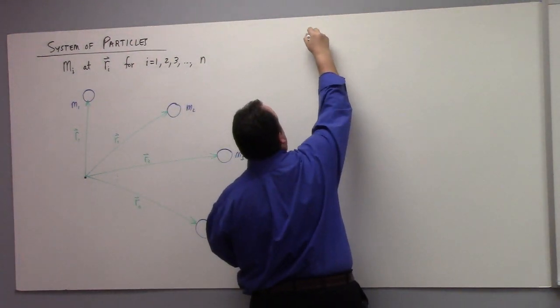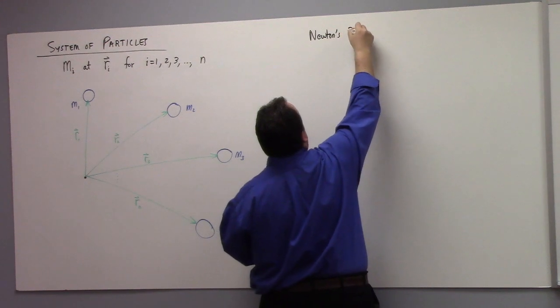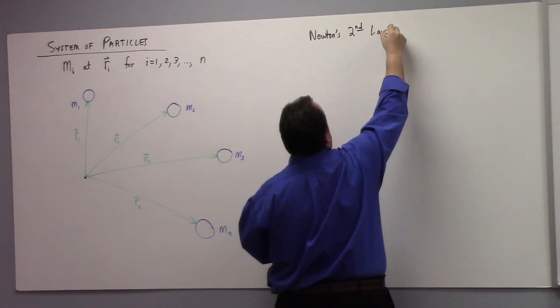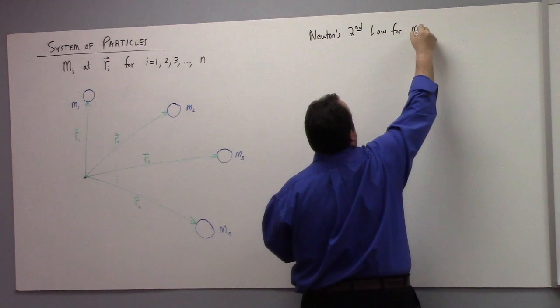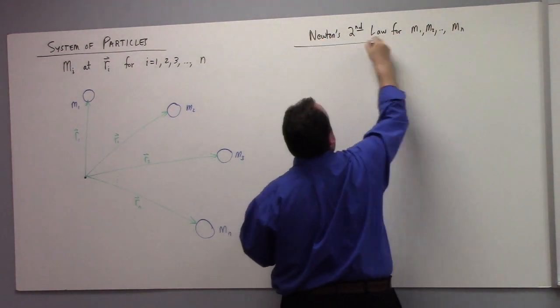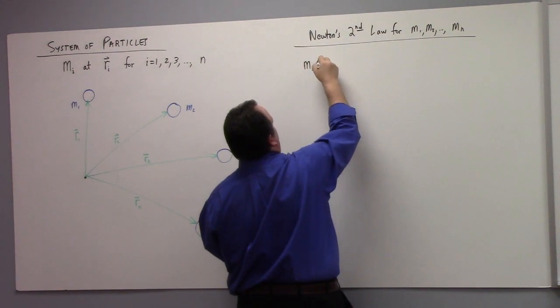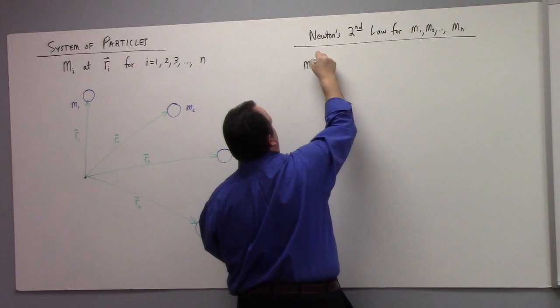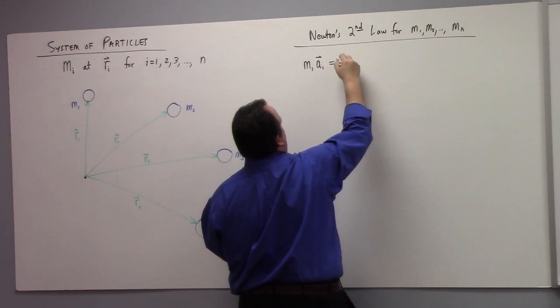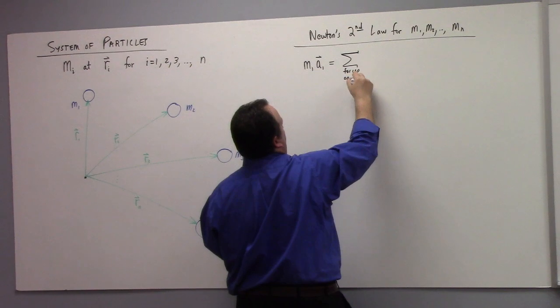To do that, Newton's law for each mass, how's it go? What you want is m1 times a, the acceleration on the first one, which would be equal to the sum of the forces on m1.